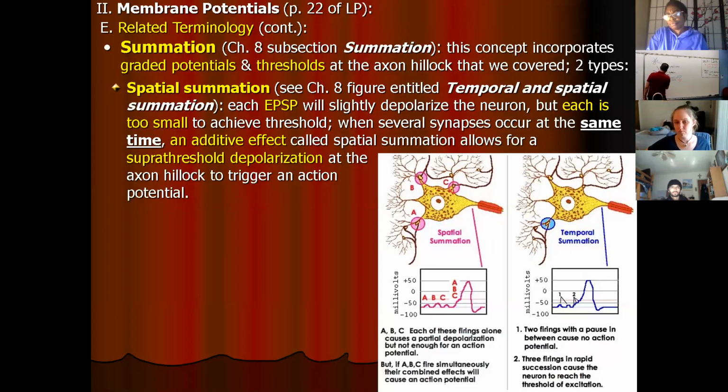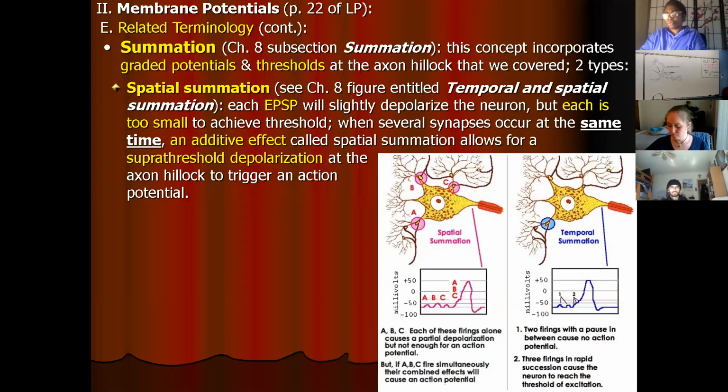My purple's finally starting to get dark. Okay. Well, the way this postsynaptic neuron is knowing that there's a stronger stimulus and how it's going to reach threshold more quickly is by this process of summation.